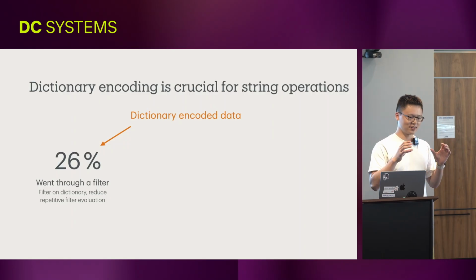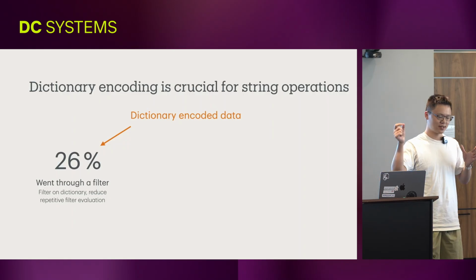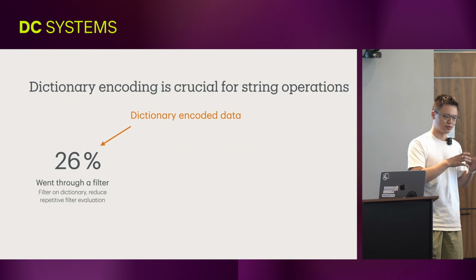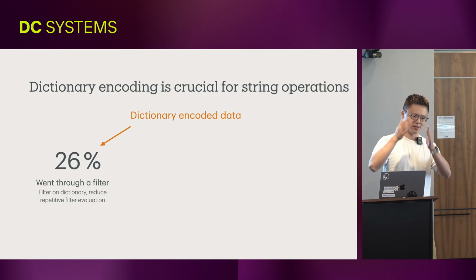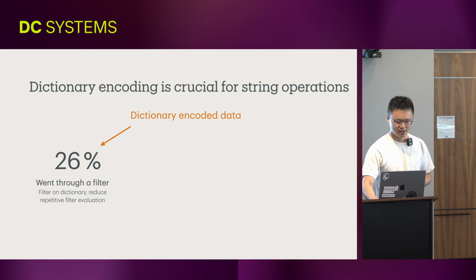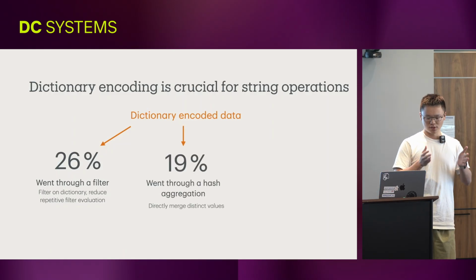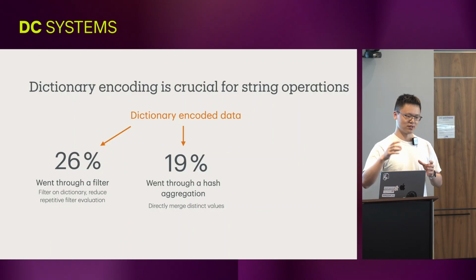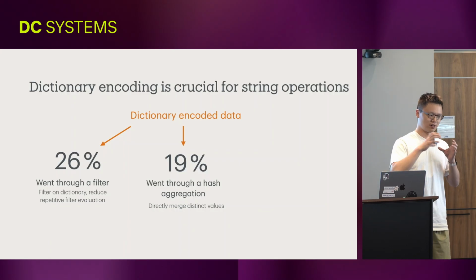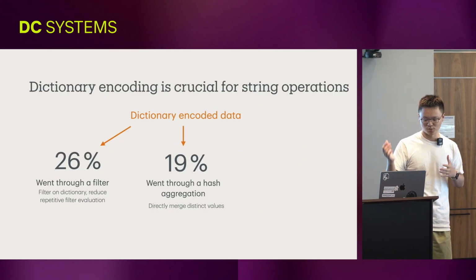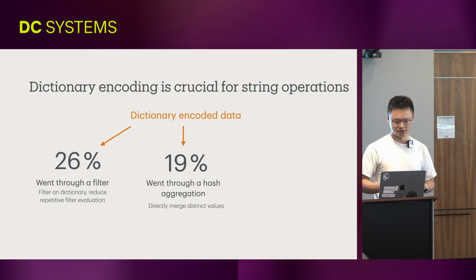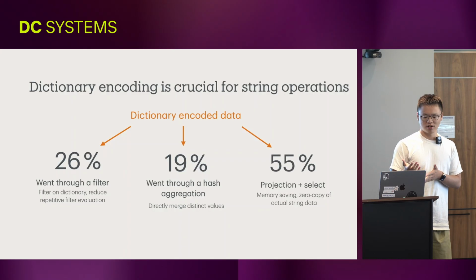If the string is dictionary encoded, then the filter can apply directly on the dictionary codes rather than on the entire plain encoded data. And we found that 90% of the string columns run through a hash aggregation. So if the string column is already highly deduplicated, then we can operate directly on the distinct values. And the rest of the string columns will often go through a projection or selection.